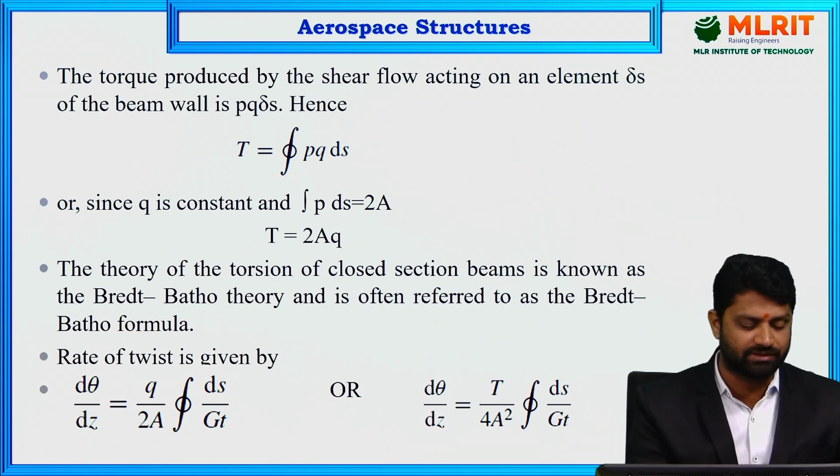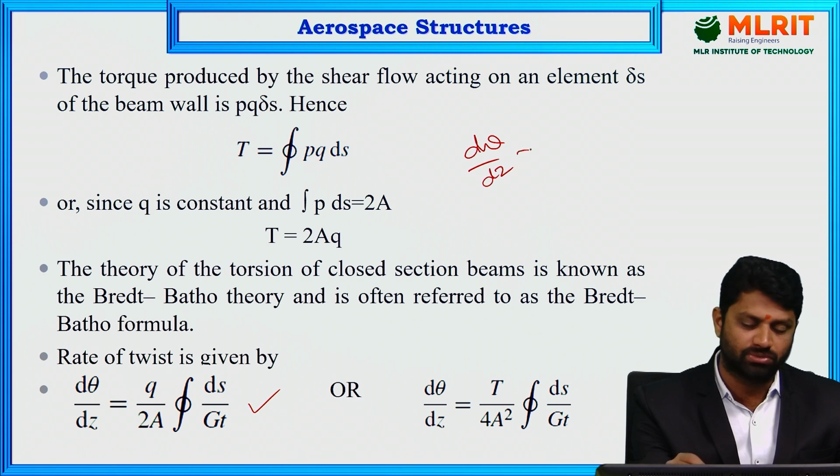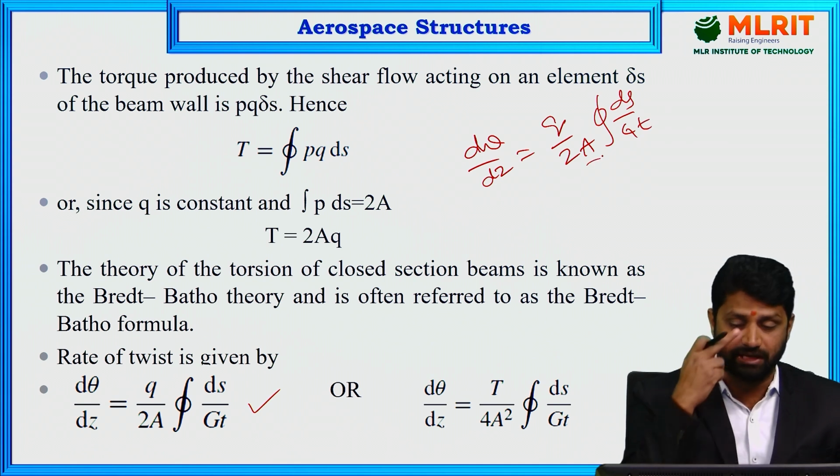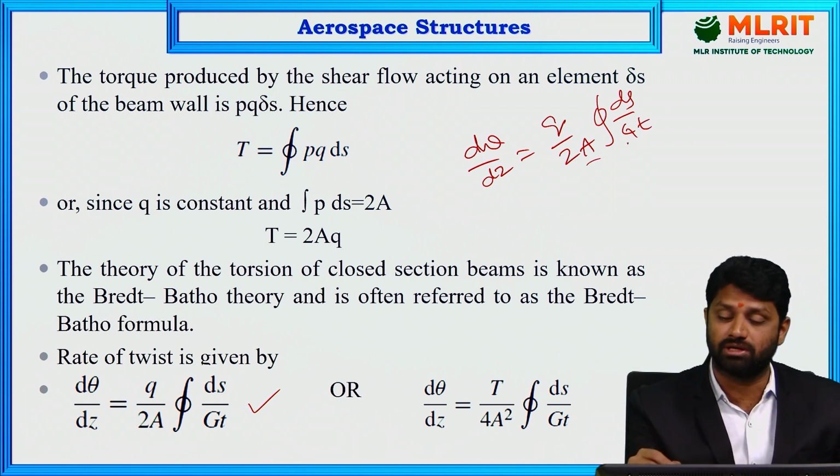The rate of twist is also given from this expression: dθ/dz equals q/(2A) times the cyclic integral of ds/(Gt), where q is the shear flow, A is the area of the cross section, G is the modulus of rigidity, and t is the thickness.